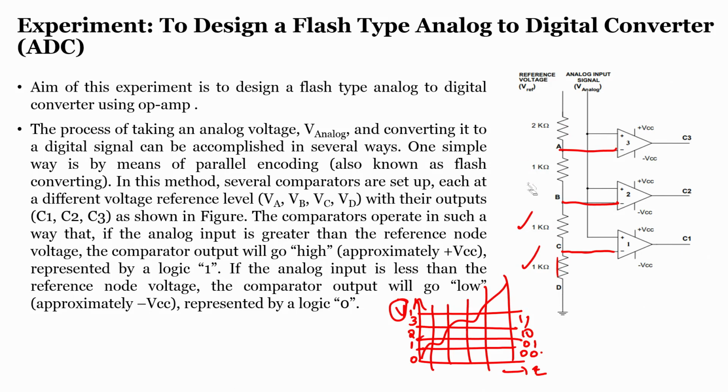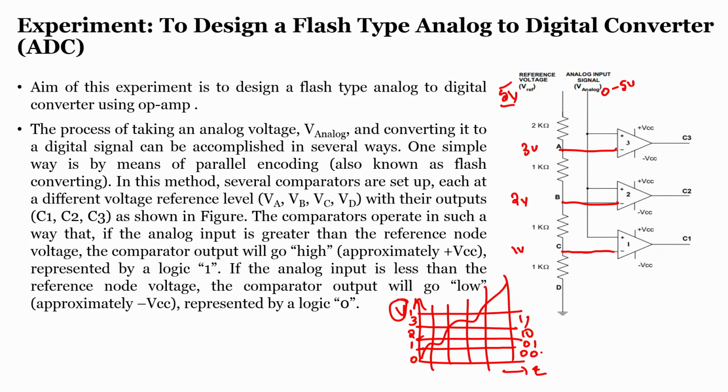For example, say I consider the reference voltage as 5 volts, and the input voltage signal is between 0 to 5 volts. So you have to divide this complete 5 volts into 4 levels. In this case, the resistors are chosen in such a way that the level values will be 1 volt, 2 volt, 3 volt, and above that it will be completely 5 volts.